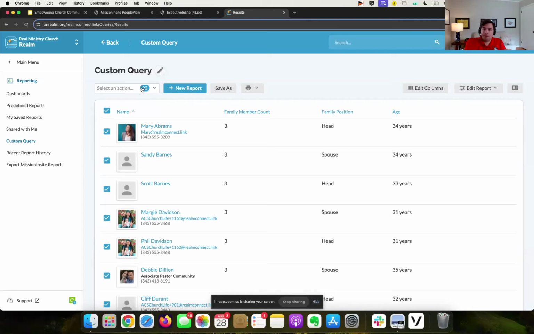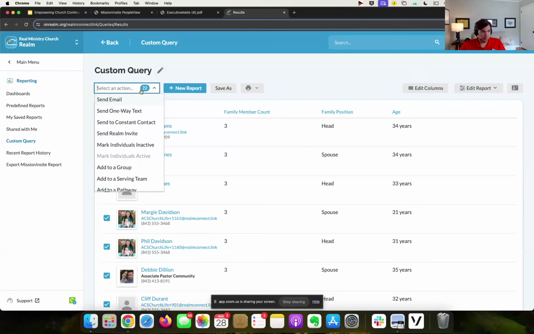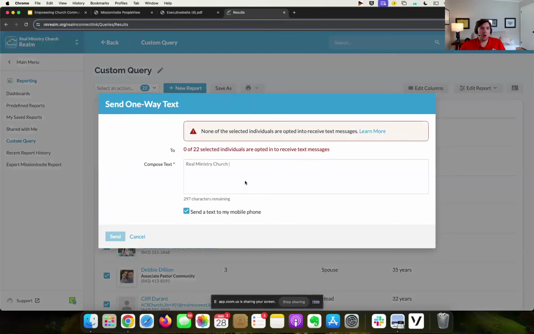Well, if I leverage the information I just learned, these folks typically respond to text messages better than they do emails. So using your church management system, whether that's Realm or something else, find a way to send a text message. I'm going to send a one-way text, and I'm going to send a message out that, hey, VBS registration has started. We'd love for you to be a part of it this year, whatever that may be.